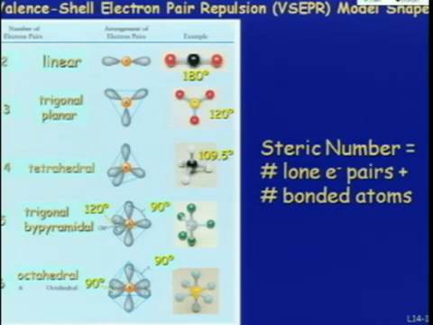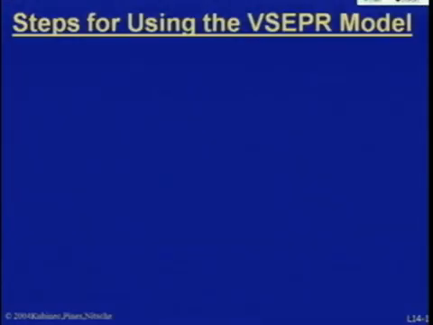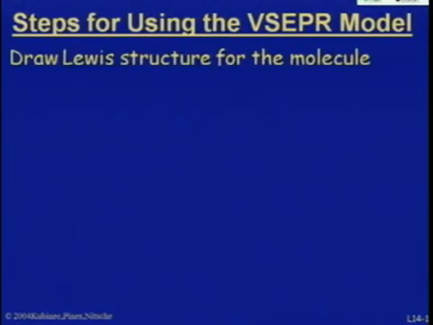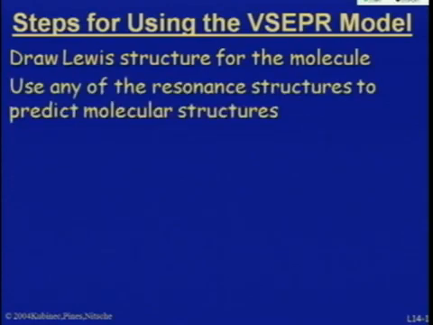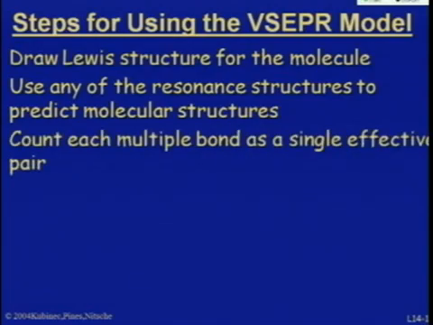And with this, there are some rules, and I'm going to give you the rules. You draw the Lewis structure for the molecule. That's what you know now very well. No big deal anymore. Use any of the resonance structures to predict the molecular structure. You know, resonance goes back and forth, so use any of them, okay? To predict the molecular structure, you count each multiple bond as a single effective bond.